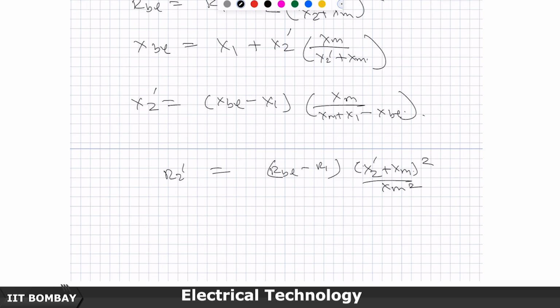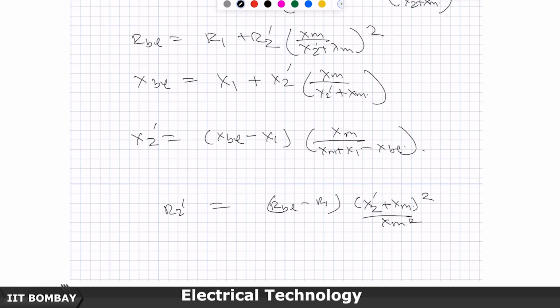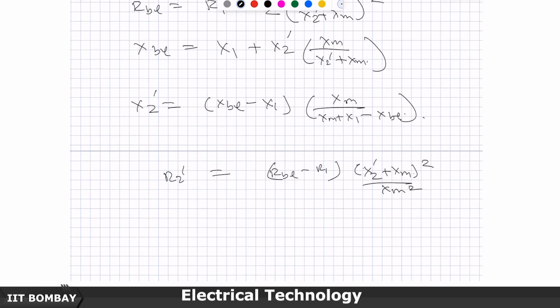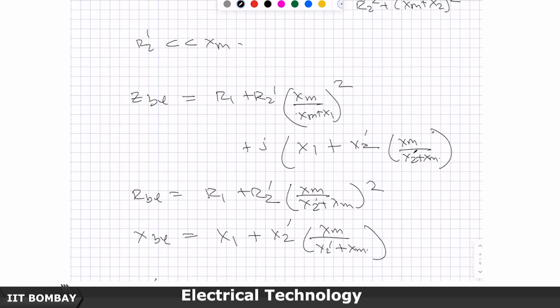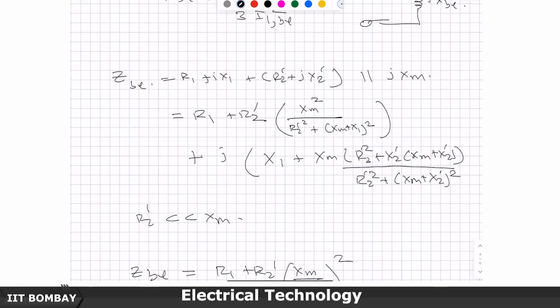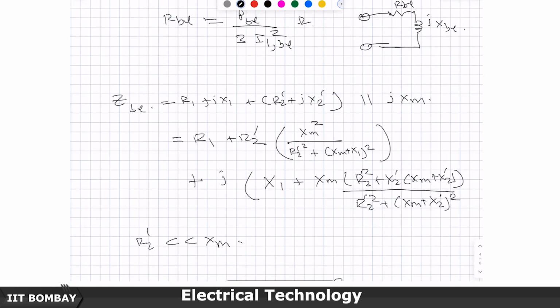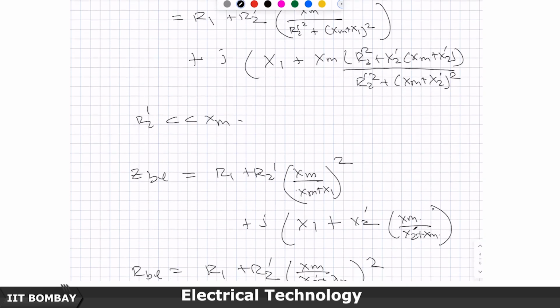I think this is clear enough, except for the fact that instead of x2 I have written it as x1 minus x_BL. So, x2 I have written it as x1 minus x_BL, and I think that follows. I think you can follow it up from the previous part.